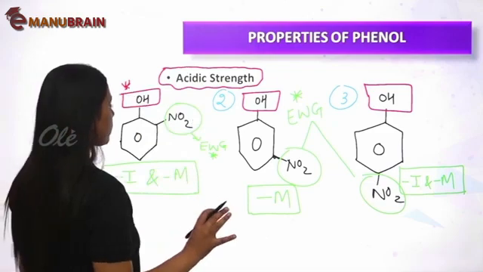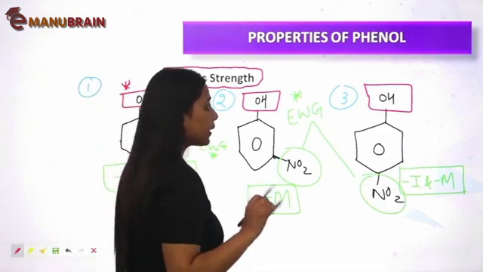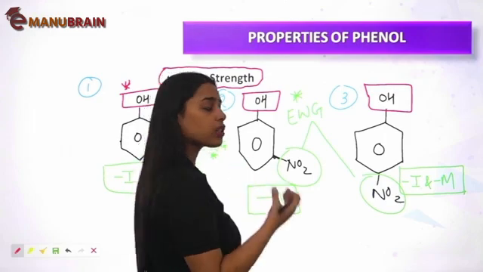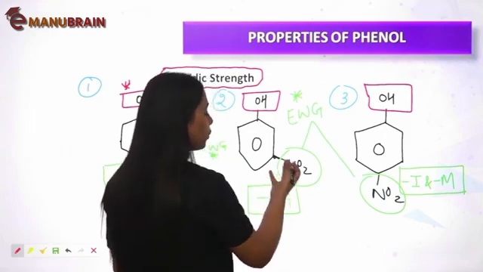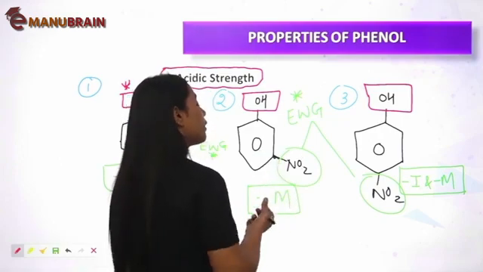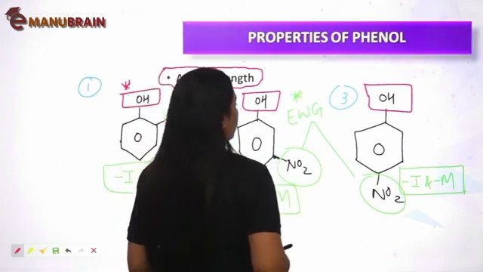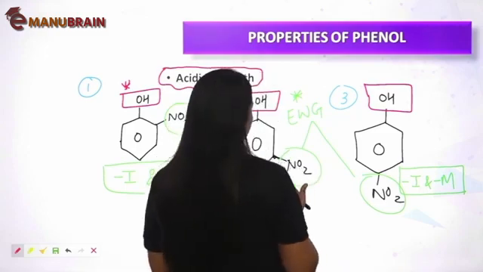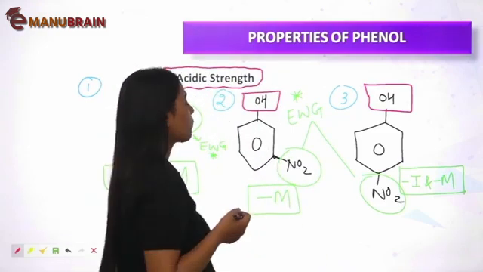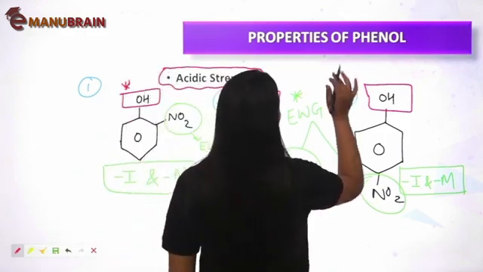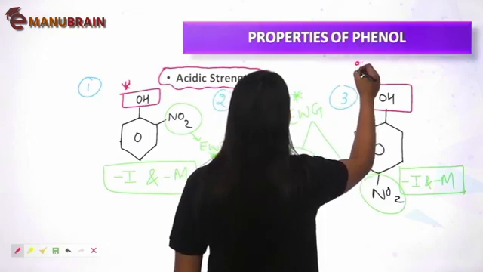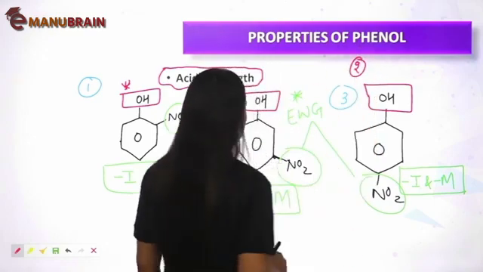So here, as I said, this meta is able to show resonance, but it does not increase the electron density. This NO2 group has no role in increasing electron density or taking the electrons away from the ring, right? It will take, but it will not increase, so electron density has no part in this example. So this will be our least acidic example. I will put this 2 in the last.